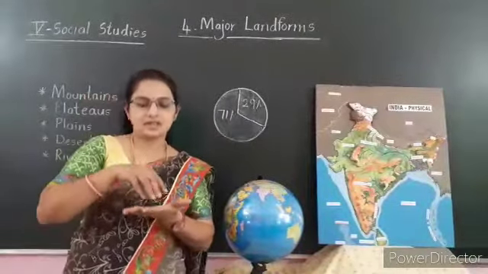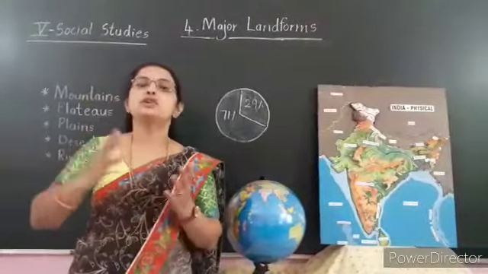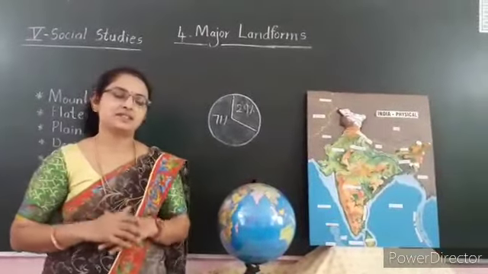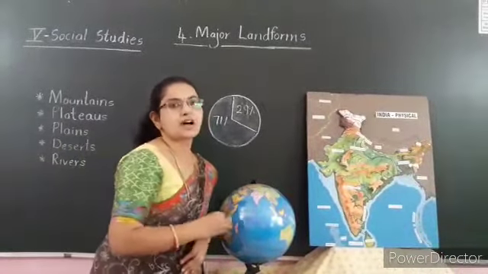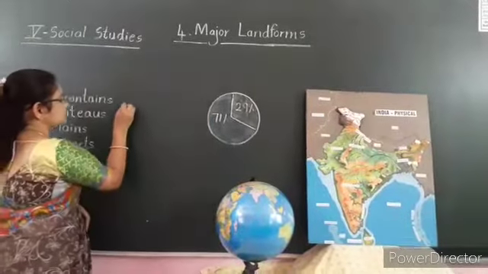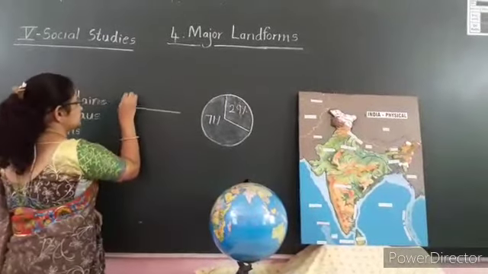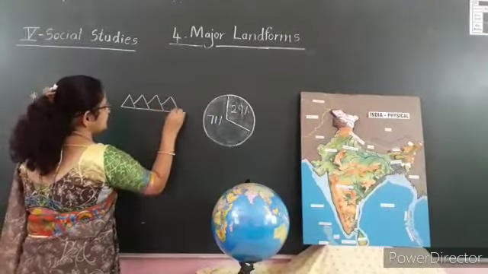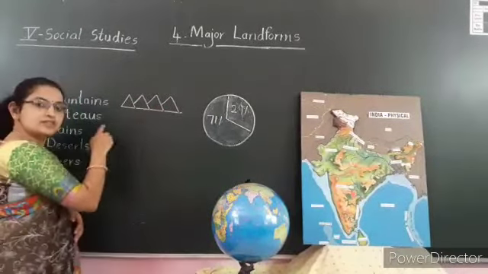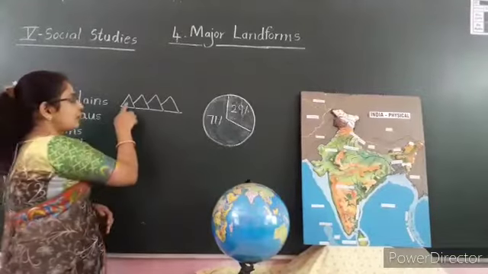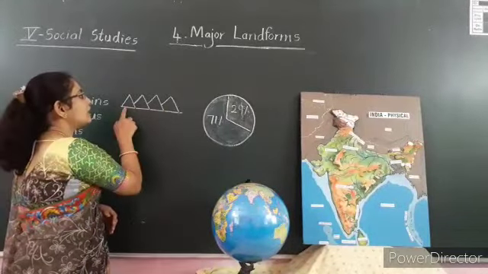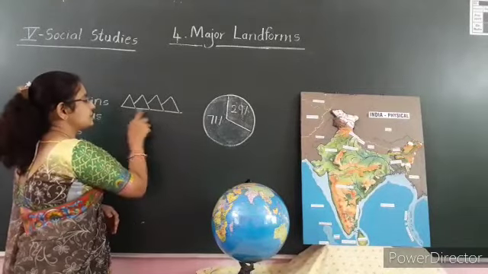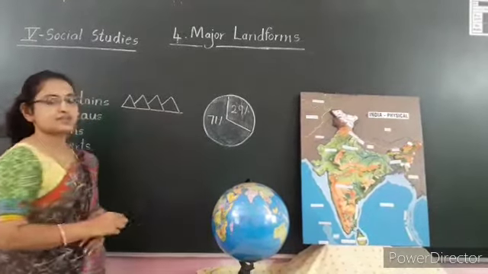Several mountains join together to form a chain or a range. See here children, I will show. This is a range of mountains, mountain ranges.